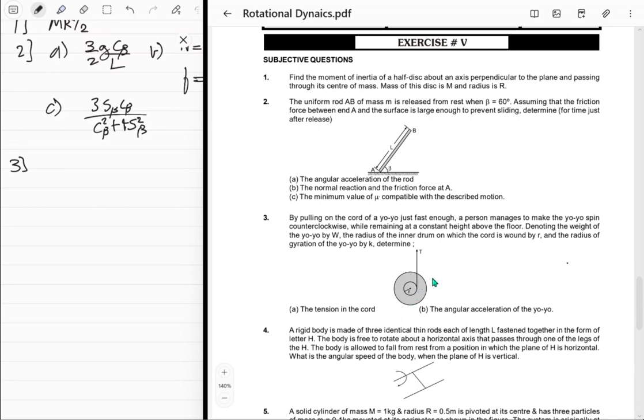Denote the weight of the yo-yo by w, the radius of the inner drum on which the cord is bound by r, and the radius of gyration of the yo-yo by k. So radius of gyration is just saying the inertia is m times k squared, right? Determine tension in the cord. The tension is a piece of cake because if its y coordinate is not changing, the tension must be equal to mg.